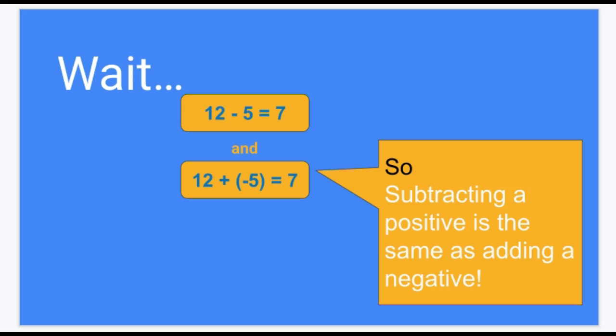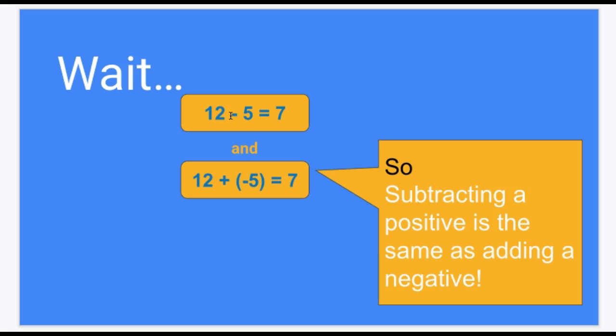I think we've already dealt with that. Negative 12 minus 5 is the same as negative 12 plus a negative 5. Yes, this is exactly what I was just talking about. 12 minus 5 is the exact same thing as saying 12 plus a negative 5. You're decreasing the value of the expression by 5 units. Okay? Remember, negatives and minuses have the same value.